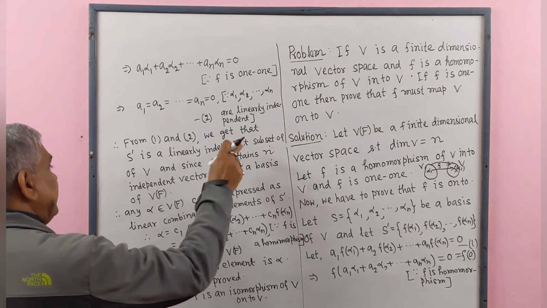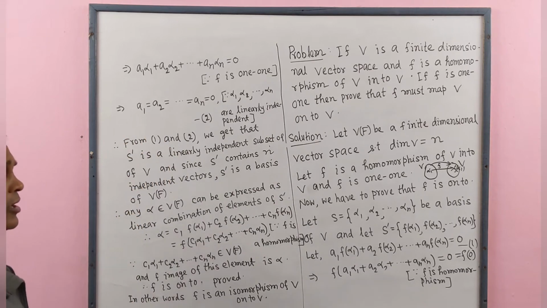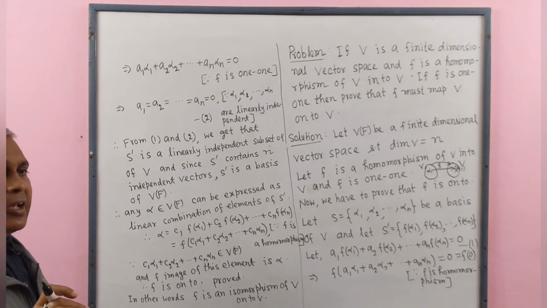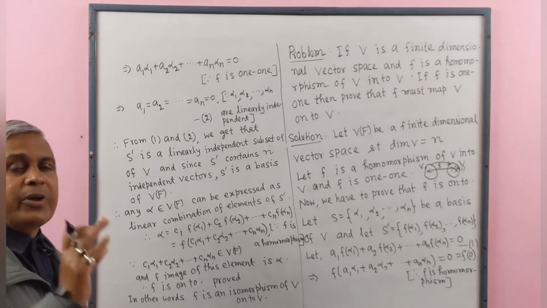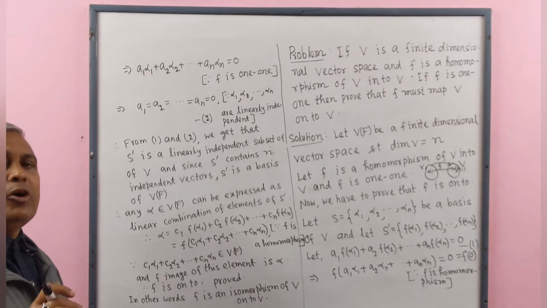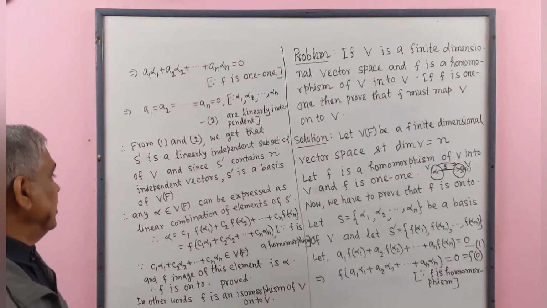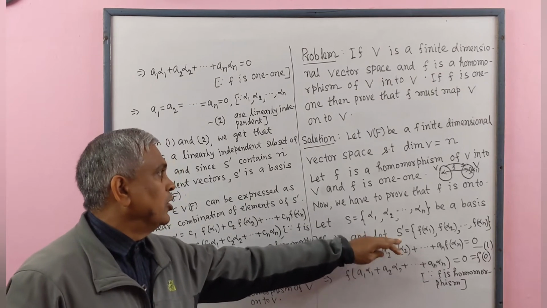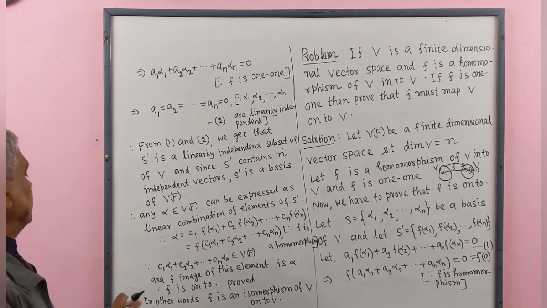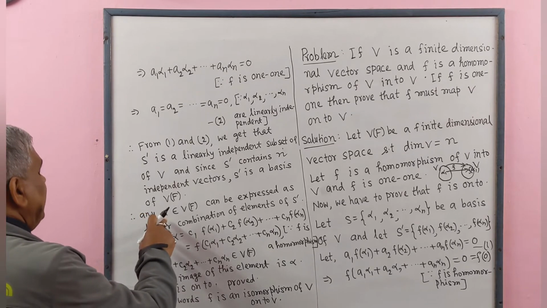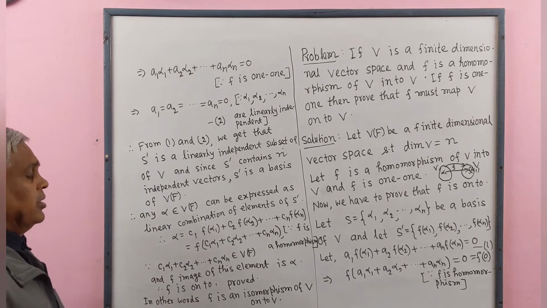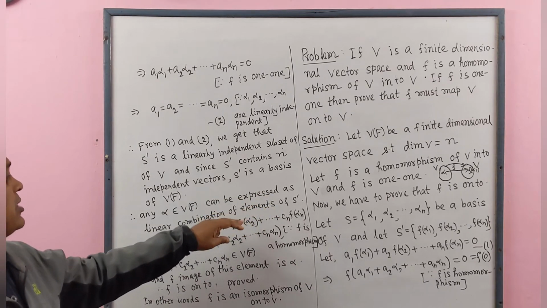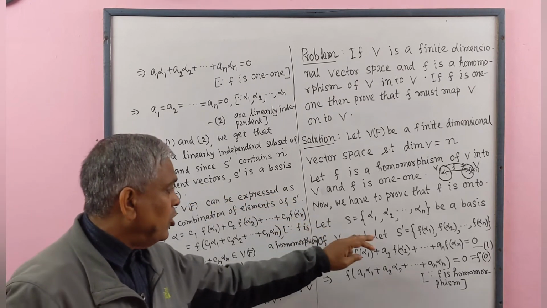Since S prime contains n independent vectors, and we know that each basis contains the same number of elements, means the same number of linearly independent vectors, therefore S prime is a basis of V. Therefore any alpha belonging to V can be expressed as a linear combination of elements of S prime.